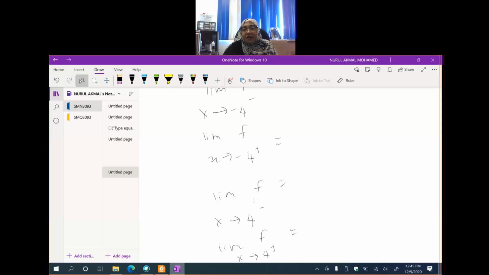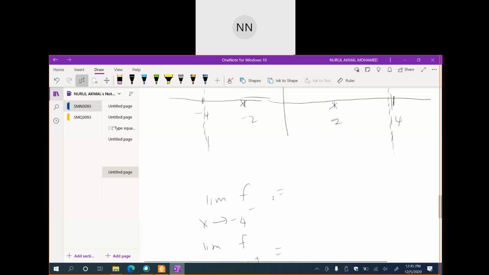What will be the value? Positive large number. Positively large number for the first one, is it? So plus infinity. What about this one? Yes.